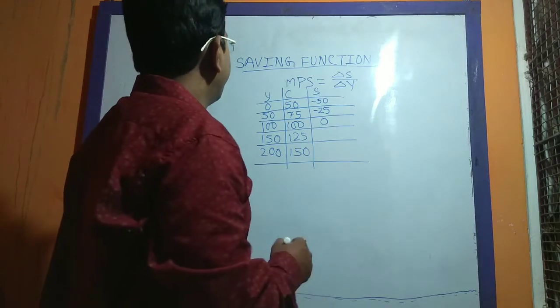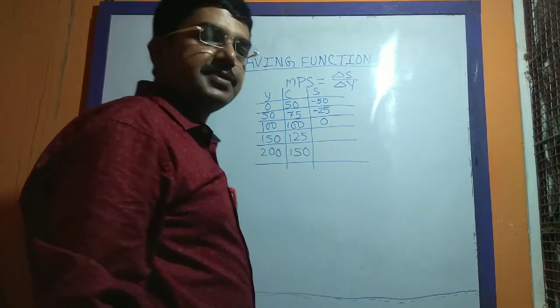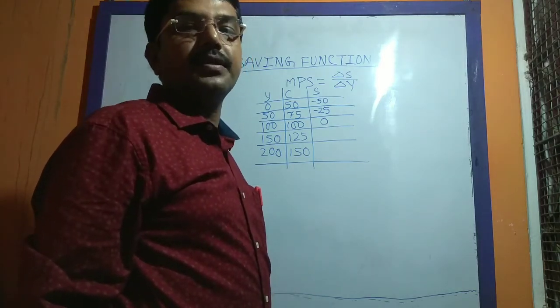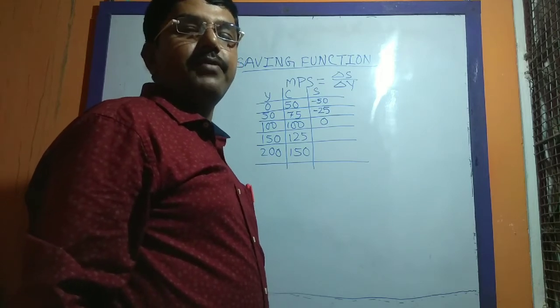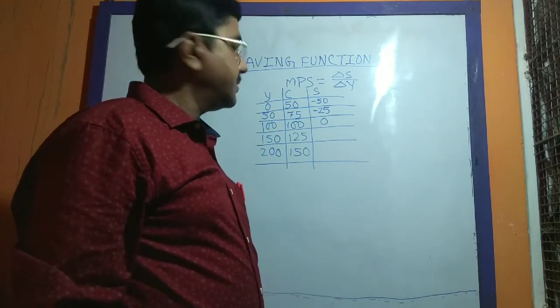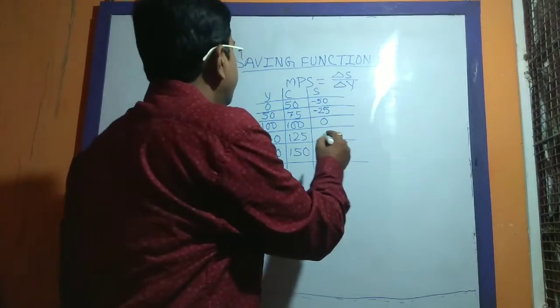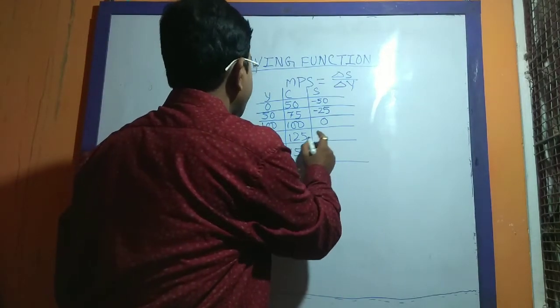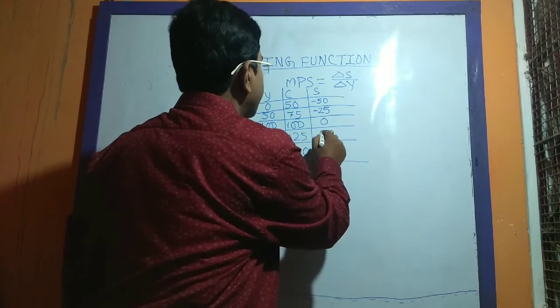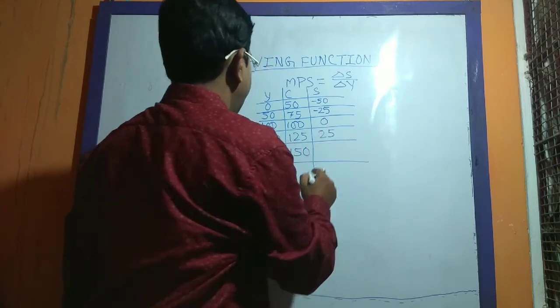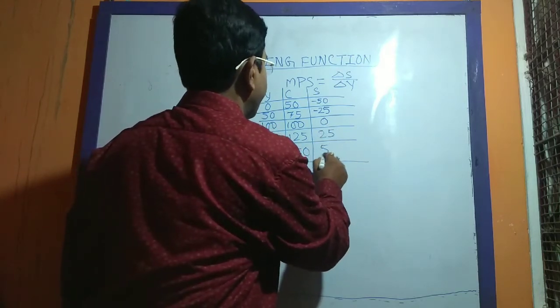After this, as income increases, consumption will not increase in the same proportion, and the consumer will be motivated to save. After this point, saving will be 25, then 50.